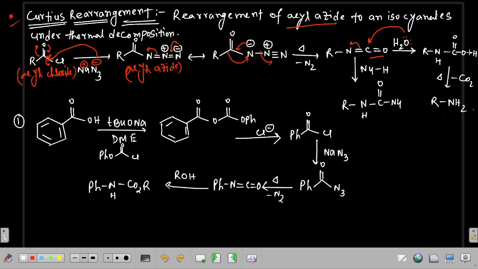Under the thermal condition it undergoes removal of CO2, and it will form this amine. If any other nucleophile attacks, it will attack on the carbon, and this bond will break, and it leads to the formation of this amide.